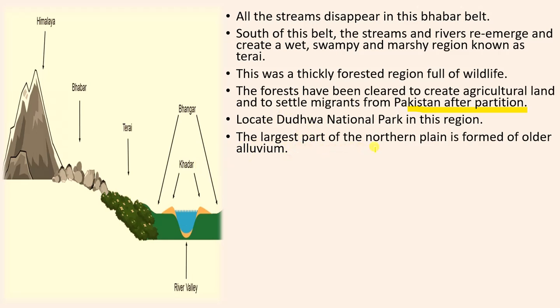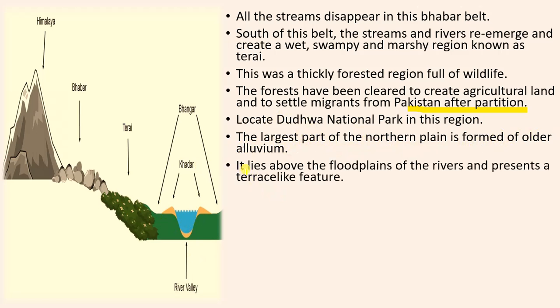The largest part of the northern plain is formed of older alluvium. It lies above the flood plains of the rivers and presents terrace-like features.